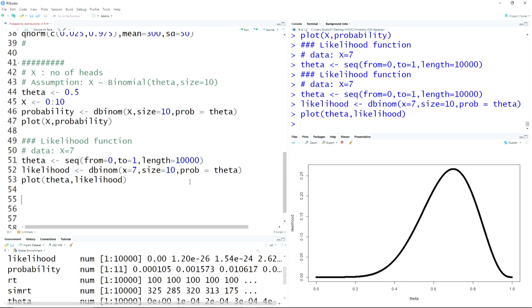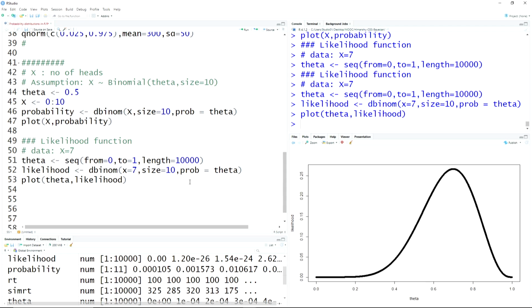Okay. All right. So, there is one more interesting thing you will see here, which is what happens if you increase the sample size. Rather than tossing the coin 10 times, let us say you toss the coin 100 times.